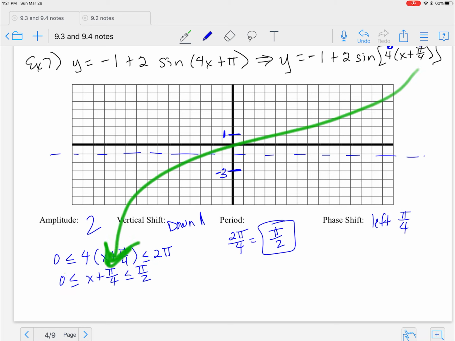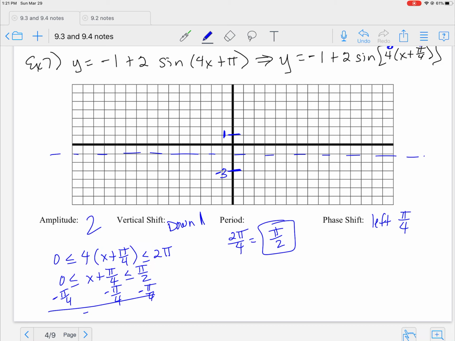A lot of times I just skip this step because I'm going from 0 to pi over 2, right? And x plus pi over 4 is how I'm shifting my new period. But however you want to write that, that's up to you. Then minus pi over 4, minus pi over 4, minus pi over 4.